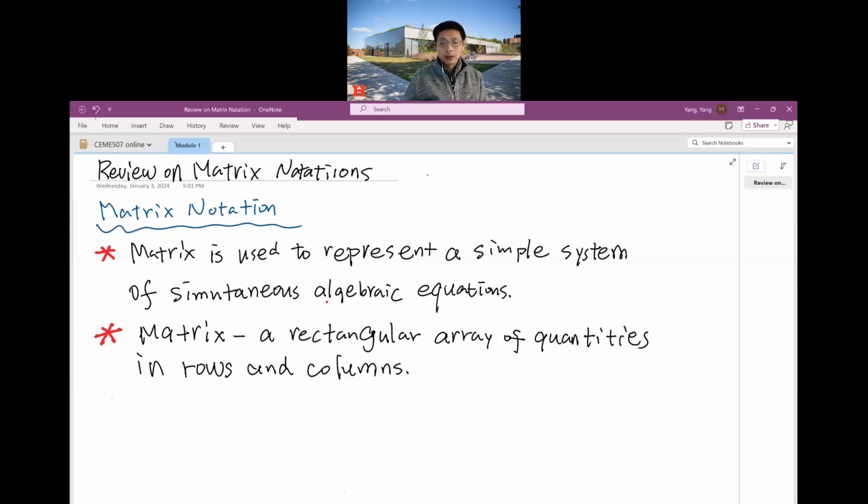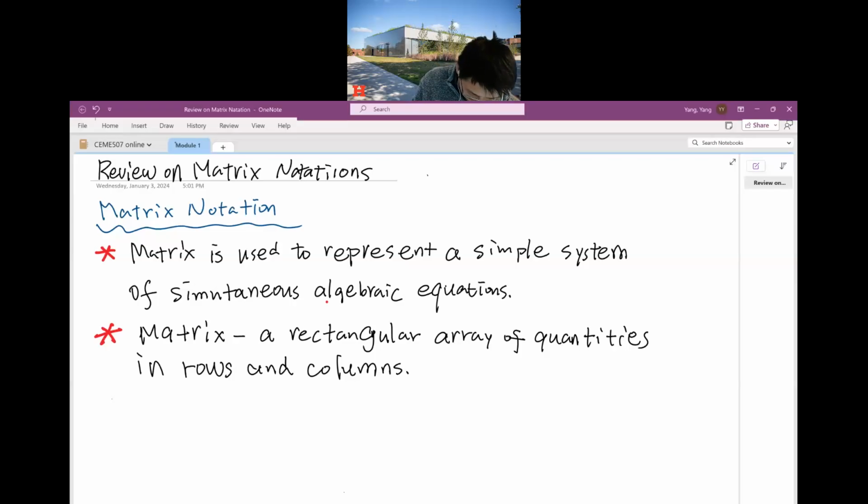So in this case, its matrix is like a bracket, including a lot of numbers and quantities in rows and columns, very similar to your Excel spreadsheet.